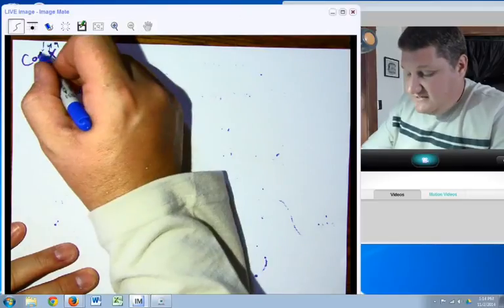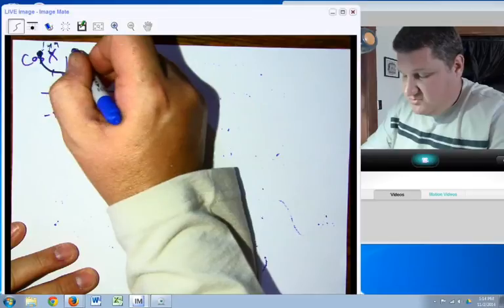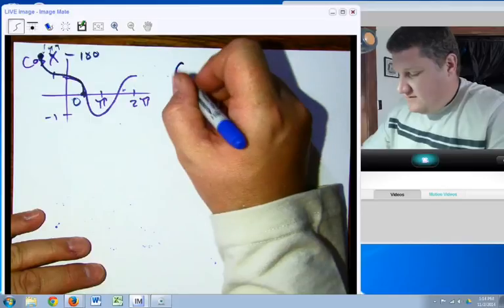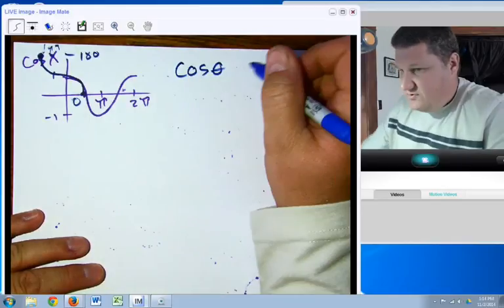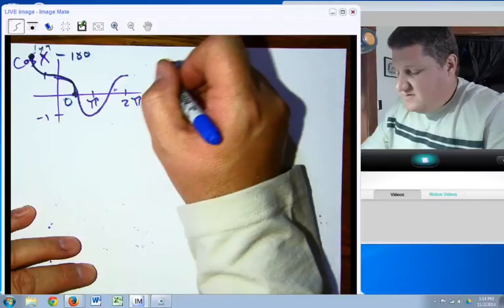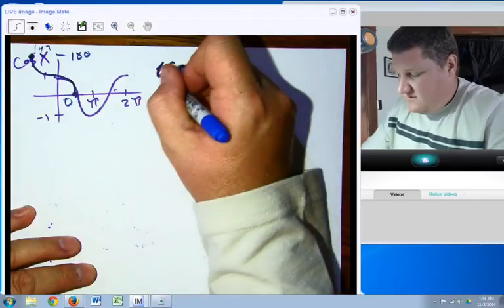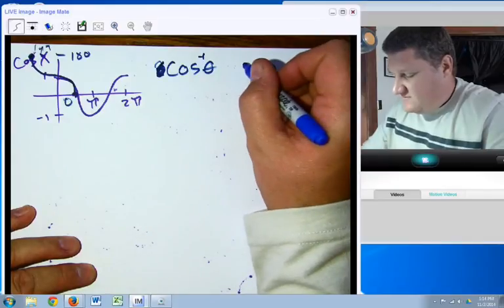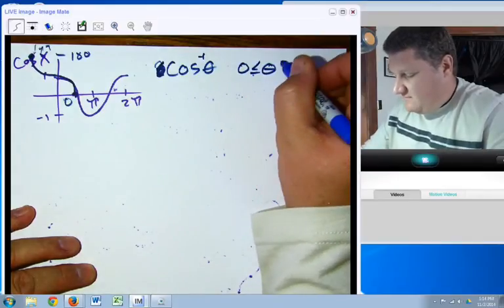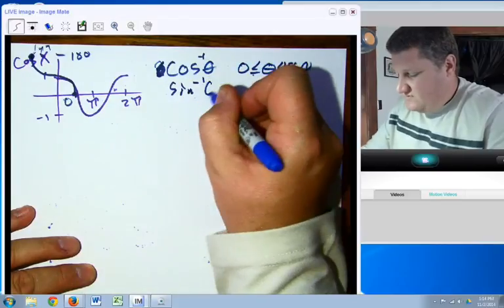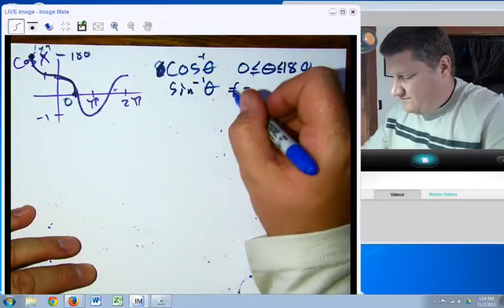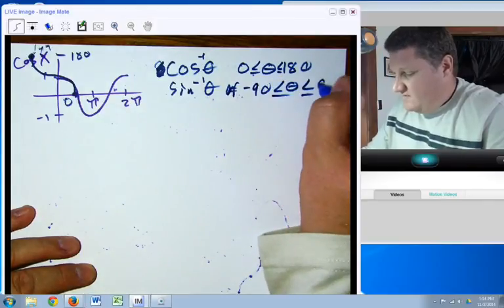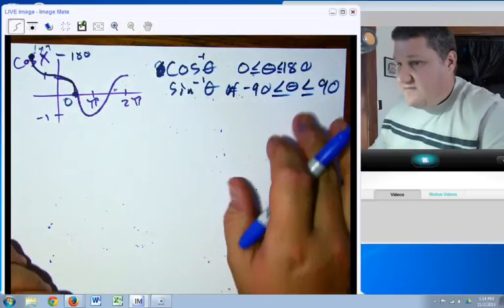But I can take from here to here, which is from 0 to 180. Okay? So, we call them principal values. Cosine inverse of theta is only valid for thetas from 0 to 180. Sine inverse of theta works from negative 90 to positive 90. Okay? That's why those come out the way they do.